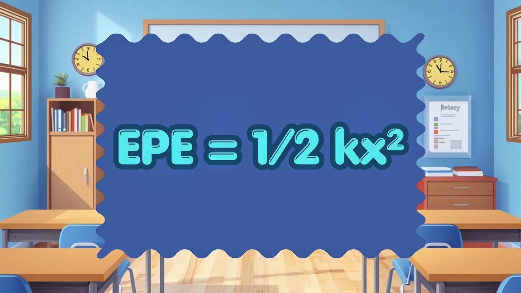This formula shows that the more an object is stretched or compressed, the more energy is stored. Since displacement is squared, a greater stretch results in a much larger increase in stored energy.